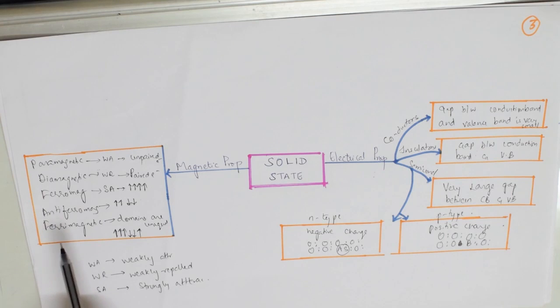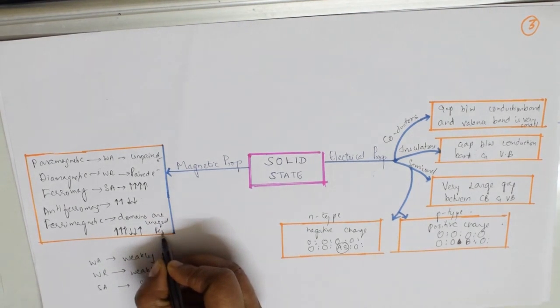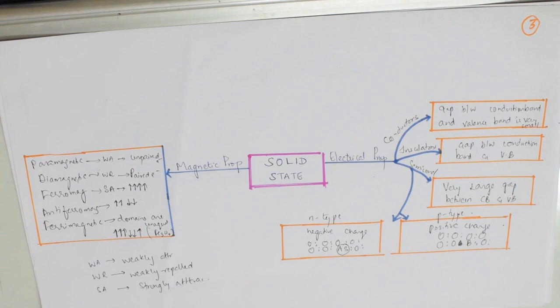Antiferromagnetic, the domains are in opposite directions and equal; MnO, manganese oxide, is the best example. Ferrimagnetic, domains are not equal; Fe3O4 is the best example. Right, students?